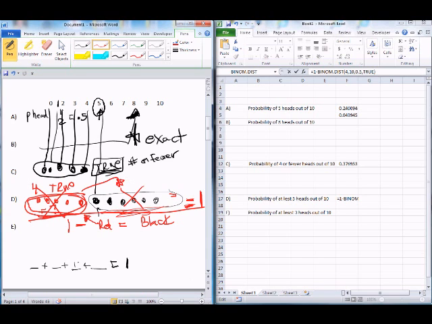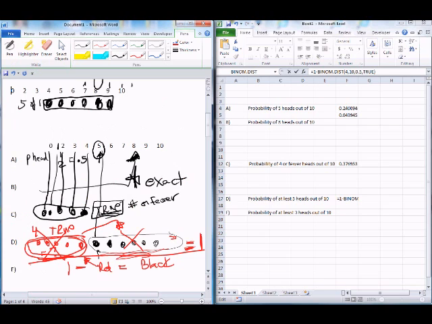Watch what happens when I hit enter. It gives me 0.62304. And did you see what the other answer was? This 0.62 is 1 minus whatever the other number was. It was 0.37 something.